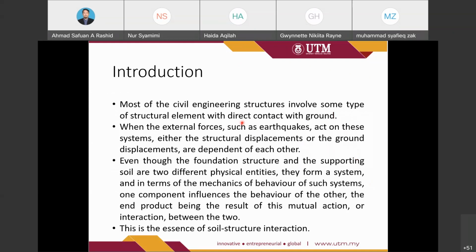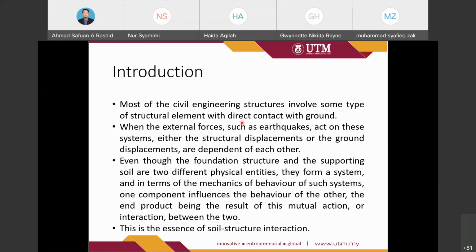Most civil engineering structures involve some type of structural element in direct contact with the ground. So when an external force such as an earthquake acts on this system, the structure displacement and the ground displacement are dependent on each other. Even though the foundation structure and the supporting soil are two different physical entities, they form a system.